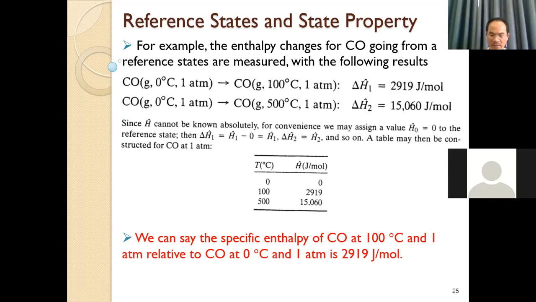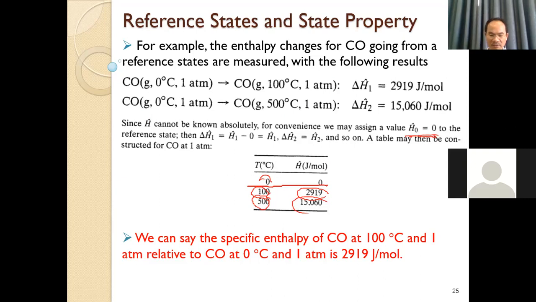That means entropy at 0 Celsius equals 0, and delta S from 100 to 0 is equal to 2,990, or from 500 relative to 0 equal to approximately 15,000. We only determine delta S, not S.